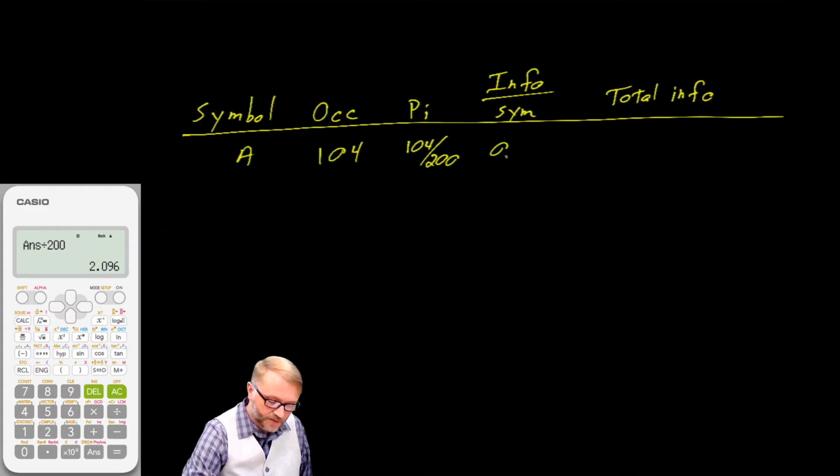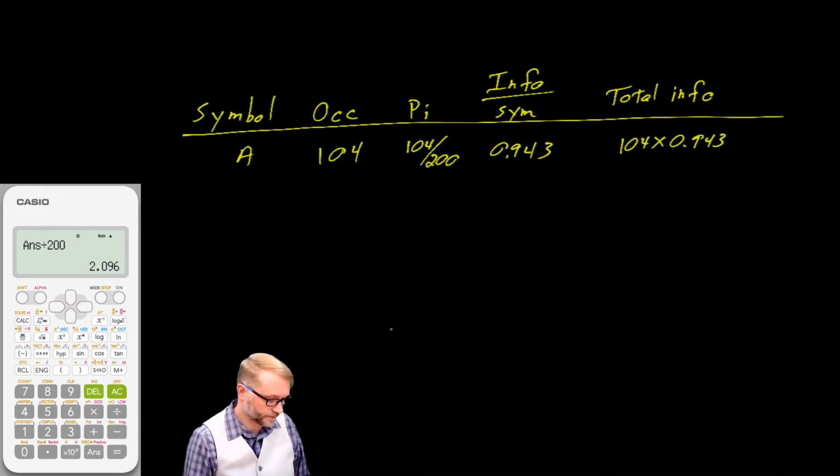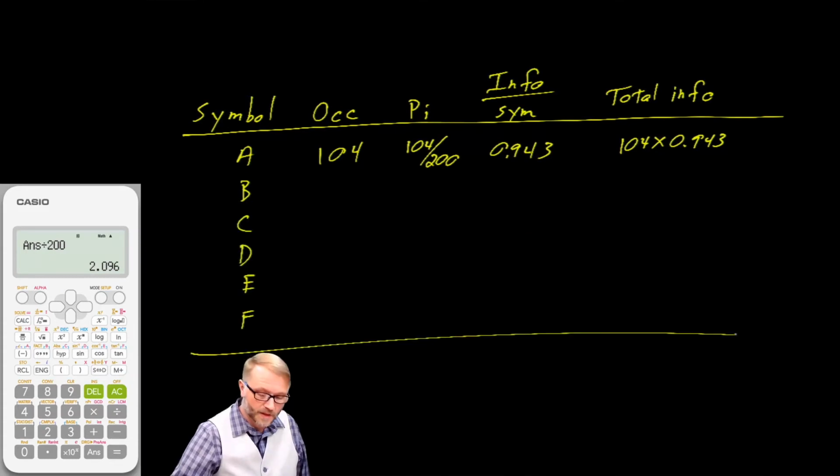So that was 0.943. And the total information was a multiple of the occurrence by the information per symbol. So that was 104 by 0.943. And we did that for each symbol. When we were finally done, we said that was 414 questions or bits.